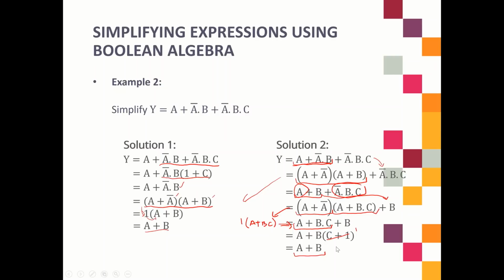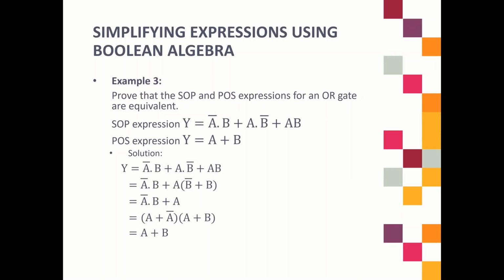Okay, next we go for the third example. So this is our third example. Proof. The question of proving is actually easier than the question of simplifying, because in proving you already have the answer, the last answer. For example, for this question, prove that the SOP and POS expression for an OR gate are equivalent.